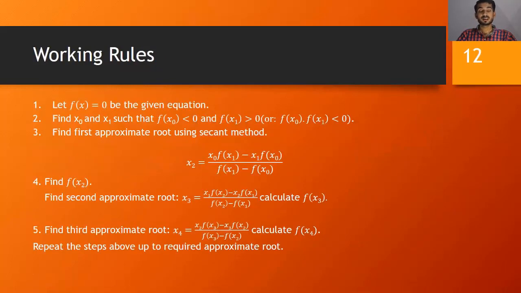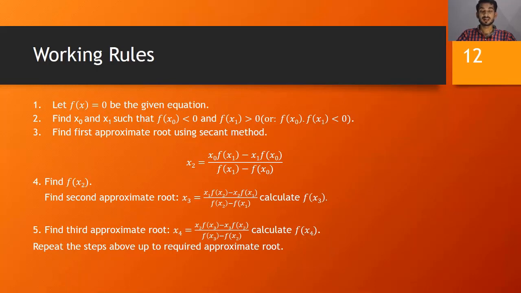So these are the working rules of the secant method. Rule number 1: let f of x equal to 0 be the given equation. Rule number 2: find x0 and x1 such that f of x0 is less than 0 and f of x1 is greater than 0, or f of x0 into f of x1 is less than 0.